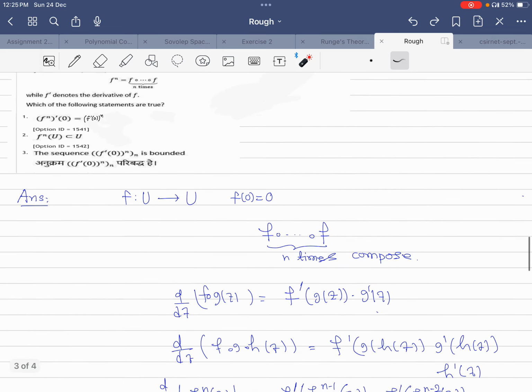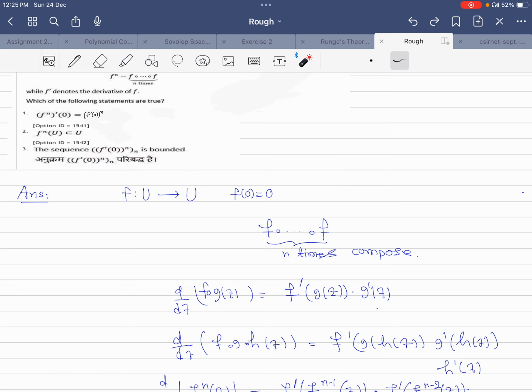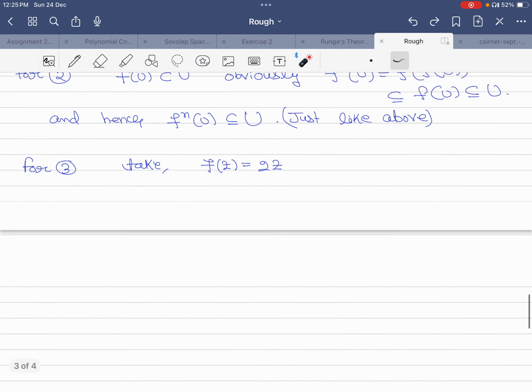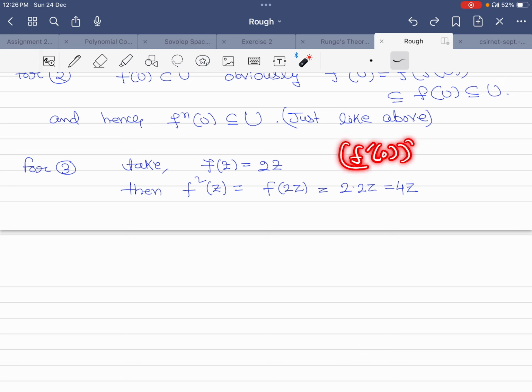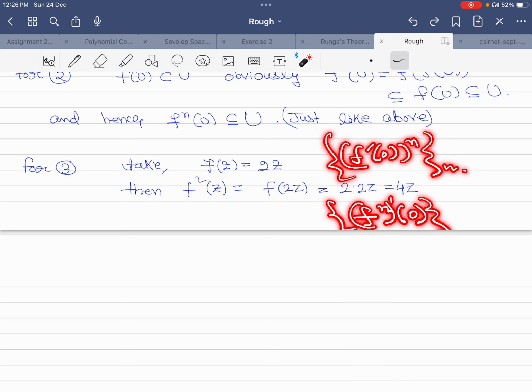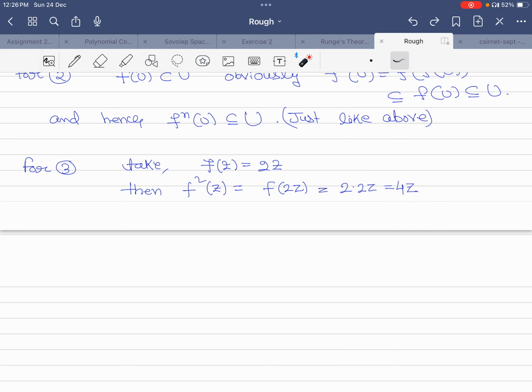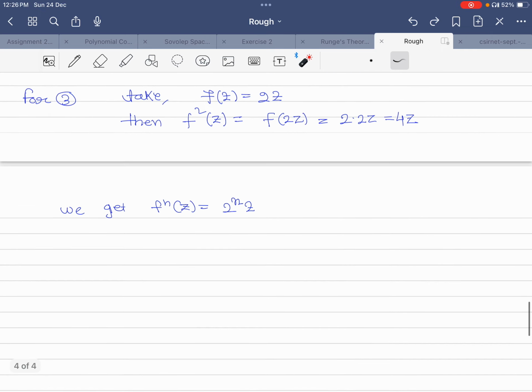And for the third one, whether it is bounded or not, I take the function f of z equal to 2z. Here f square of z is 4z, and f to the power n of z is 2 to the power n times z.